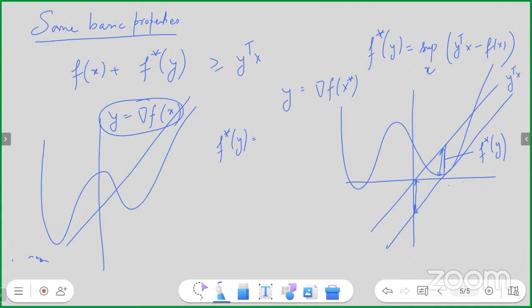y transpose x, so that is del f(x) transpose x, minus f(x). That's your f star of y. You can flip it around if you don't like gradient transpose multiplied by x; x transpose gradient is fine.